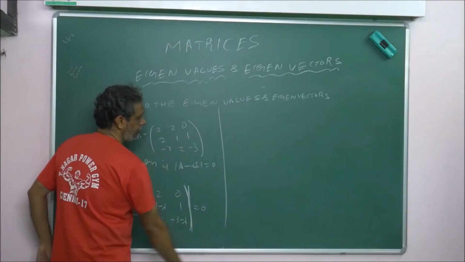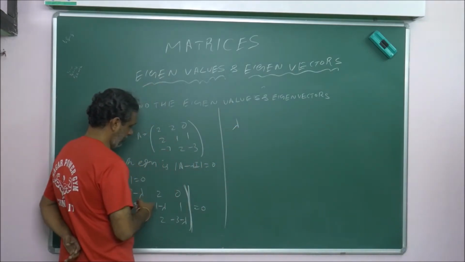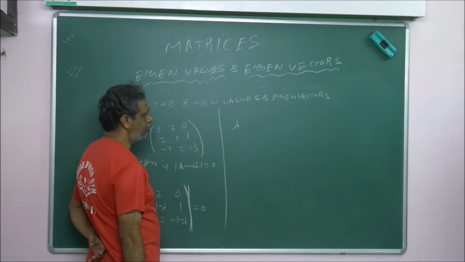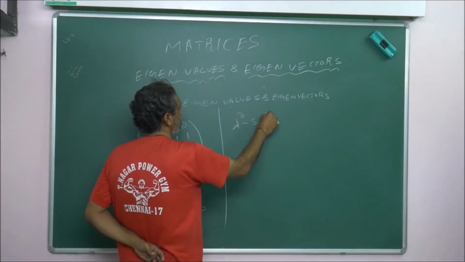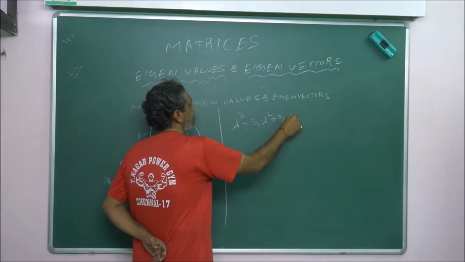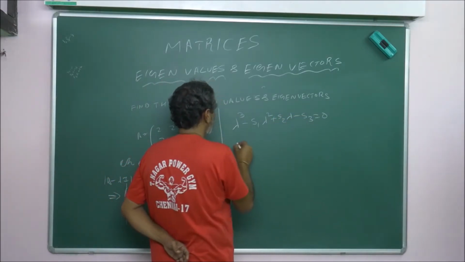This I already told you, you can remember it: because it is 3 by 3, lambda appears three times. If you get the cubic equation, you will get lambda cube minus s1 lambda square plus s2 lambda minus s3 is equal to 0. Who is s1?